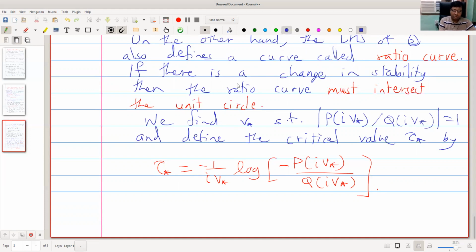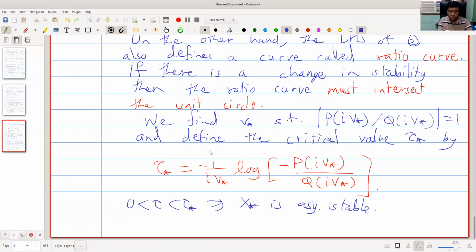So 0 less than tau less than tau star implies x star is asymptotically stable.